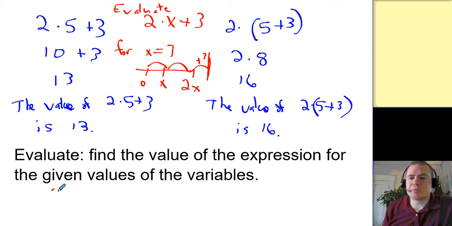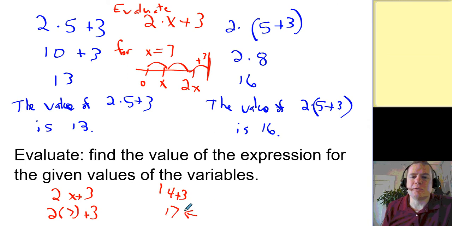So instead of 2x plus 3, I'm going to replace x with that number. I know what 2 sevens is. That's 14. And 3 more than 14 is 17. I can find the value. If this is 7, 2 sevens makes 14, and 14 plus 3 more is 17. I can only find the value of the whole expression if someone tells me the value of x.